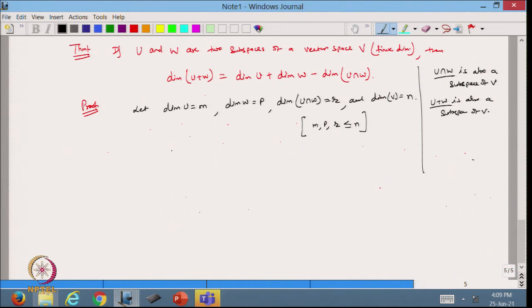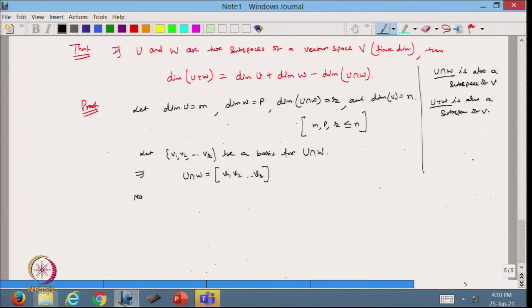Now, I will take a set V1, V2 up to VR to be a basis for the subspace U intersection W, which implies that U intersection W is spanned by this set, and these are linearly independent.